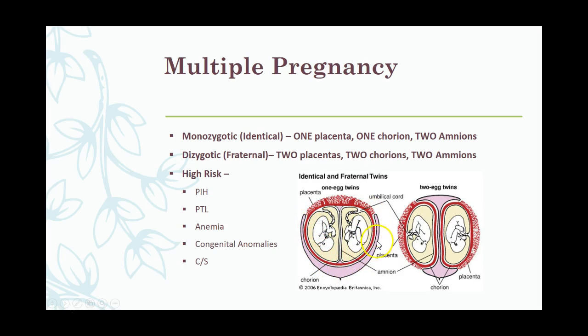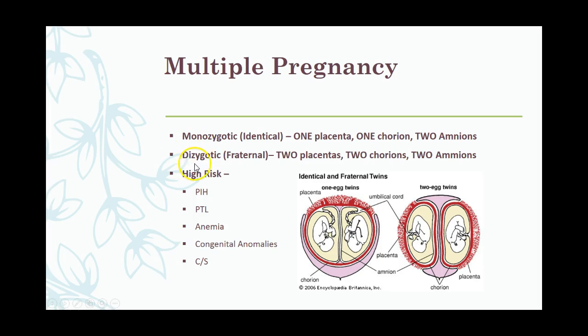Okay, so right here is the chorion. And we have two amnions. So this is the amnion, right? The amniotic sac, basically, is what they're in. Mono twins are twins that have happened with one egg, okay? So one egg got two sperms, if that makes sense.